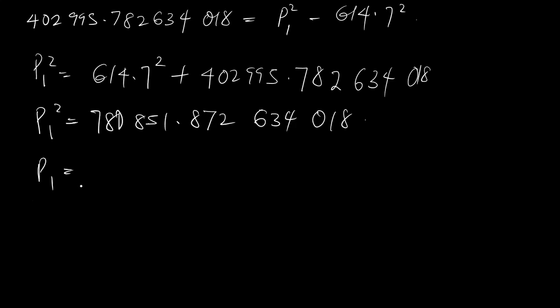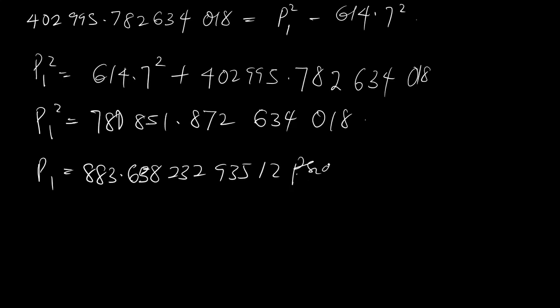Then P1, which is the inlet pressure, will be the square root of this, which gives us 883.65823293512. So this is roughly 883.66 psia.